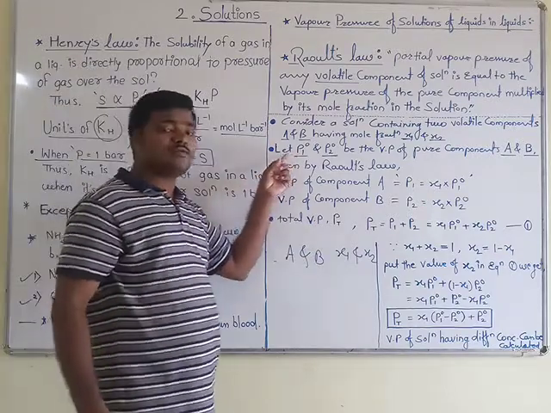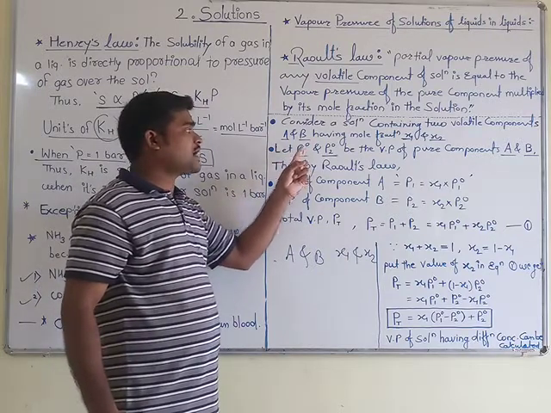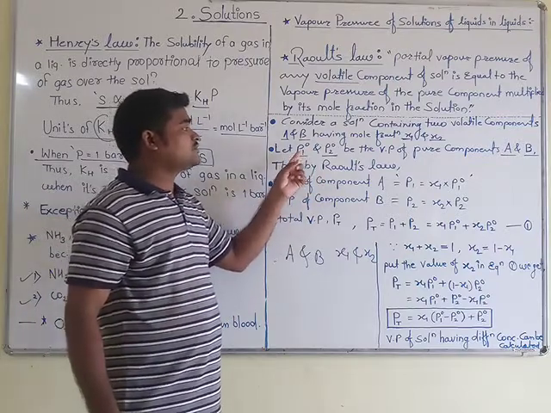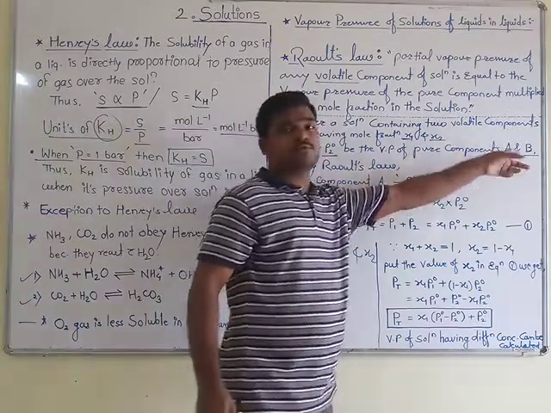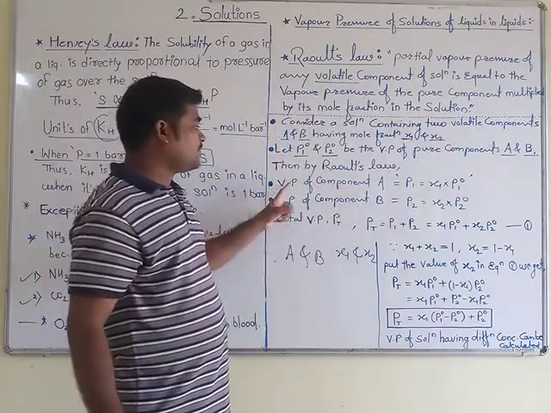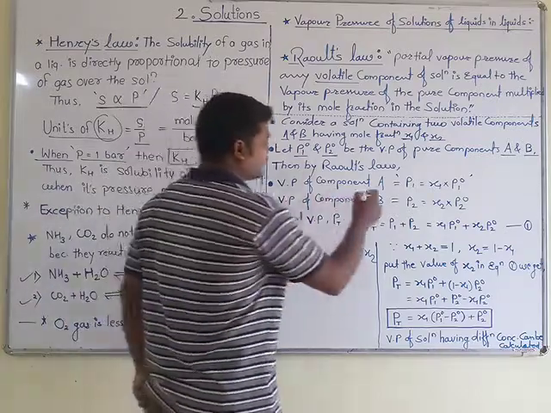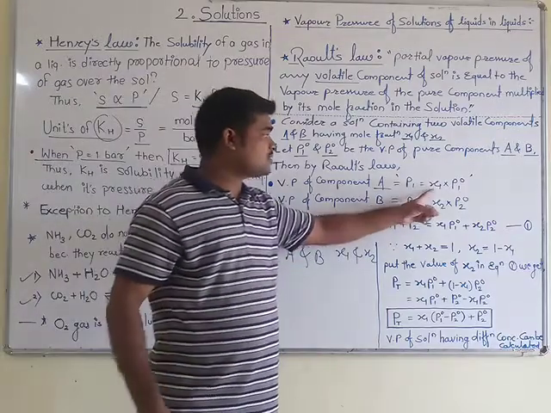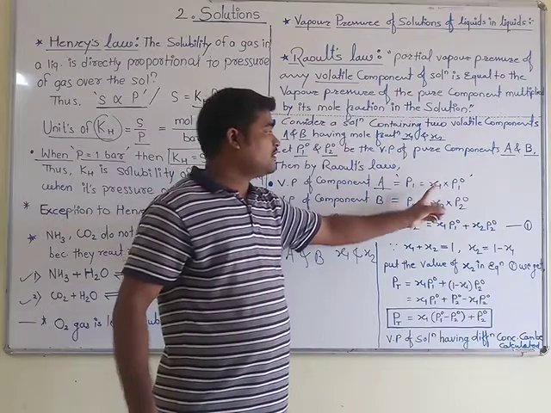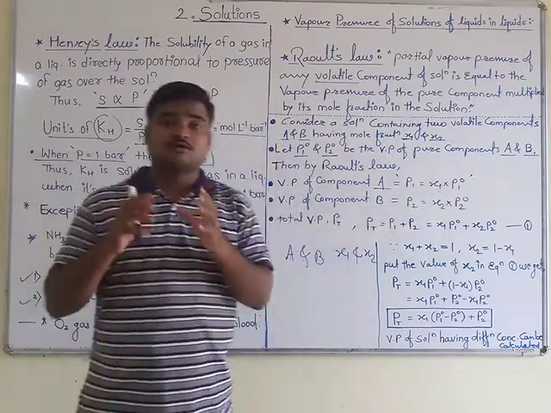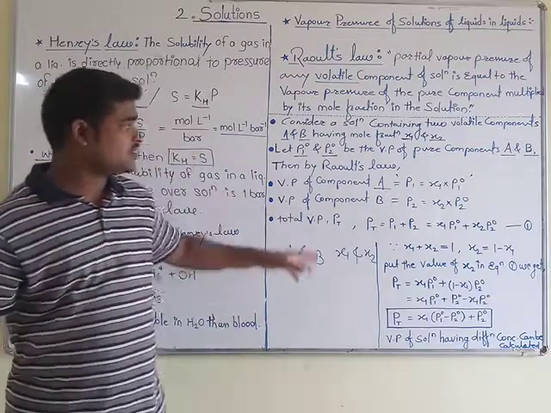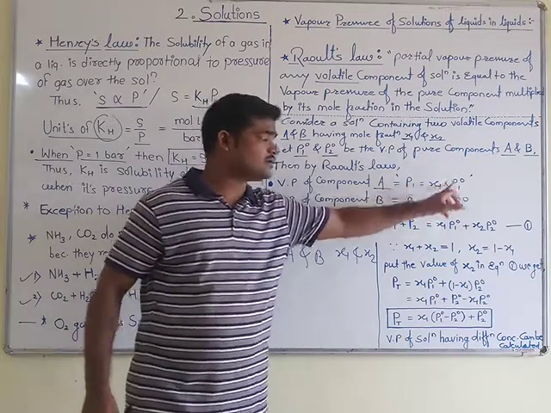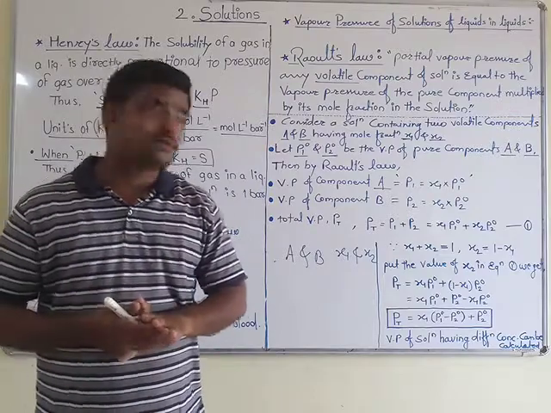So how can we read this term? P10 is the vapor pressure of the pure first component, and these are the vapor pressures of pure components A and B. Now for component A, its partial vapor pressure, according to Raoult's law, is the mole fraction of the first component multiplied by the vapor pressure of that pure first component. So the equation is P1 is equal to X1 into P10.